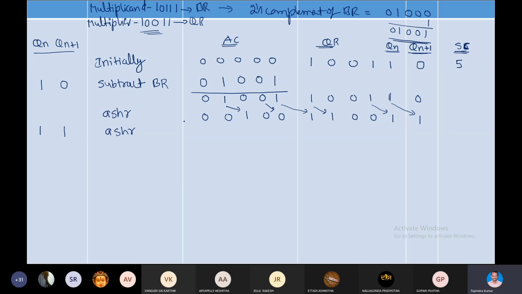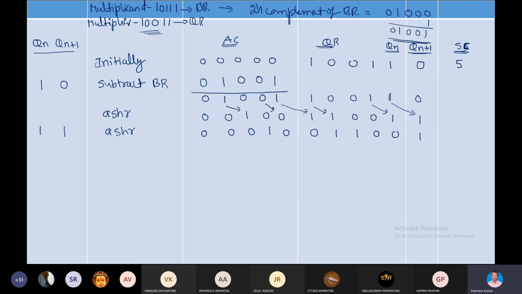Now what do you do? 0 0 0 1 0 0 1 1 0 0 1. Total accumulator and QR is shifted right side.